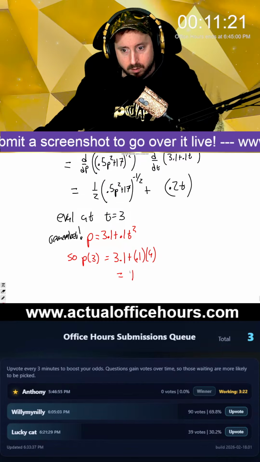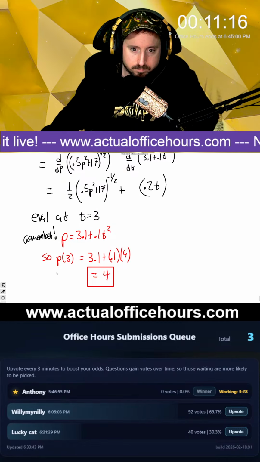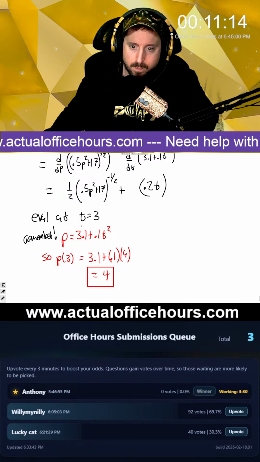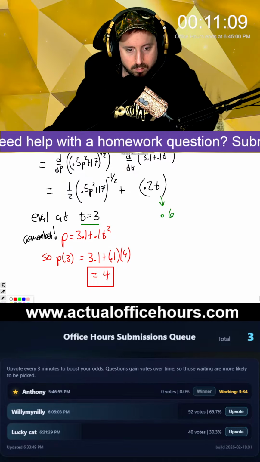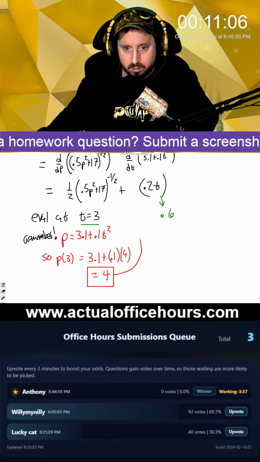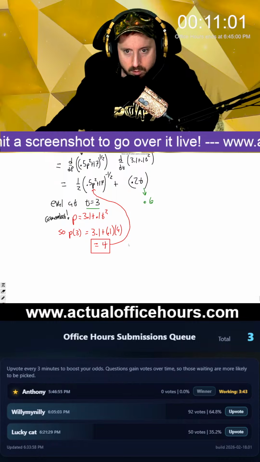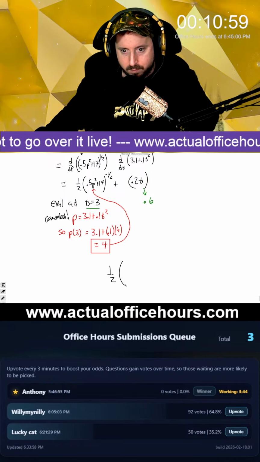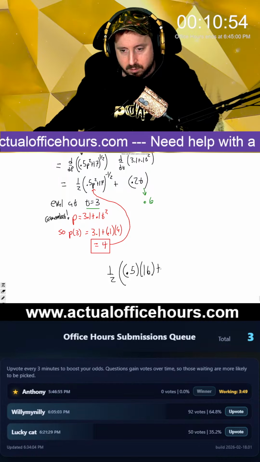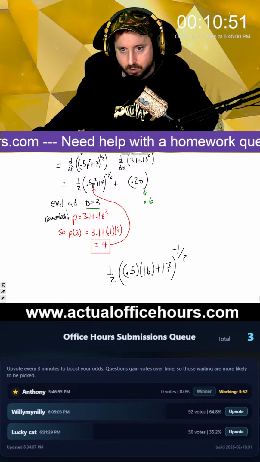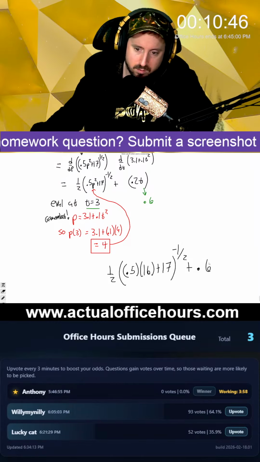So that's equal to 4. And then here, this would just become 0.6. Okay, so we're almost there. So you end up getting 1/2 times (0.5 times 16 plus 17) all to the negative 1/2 plus 0.6.